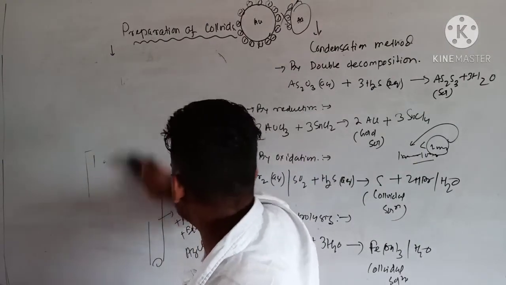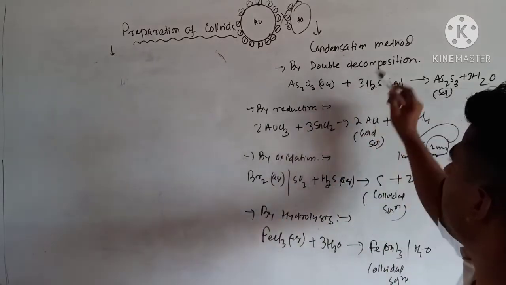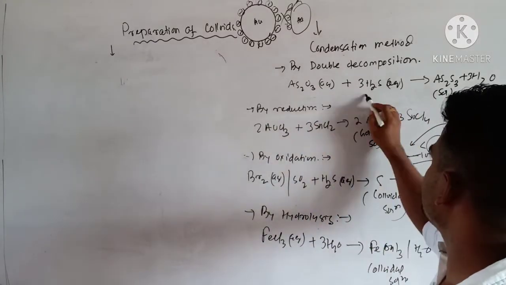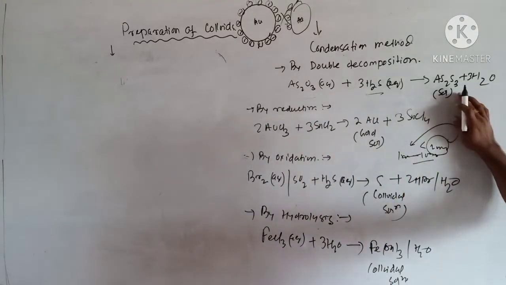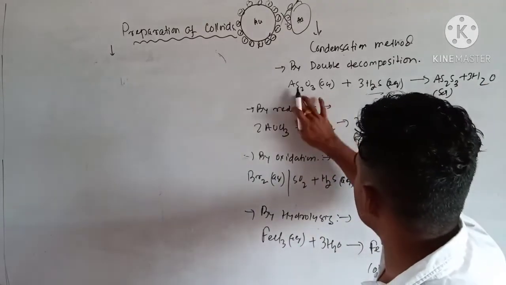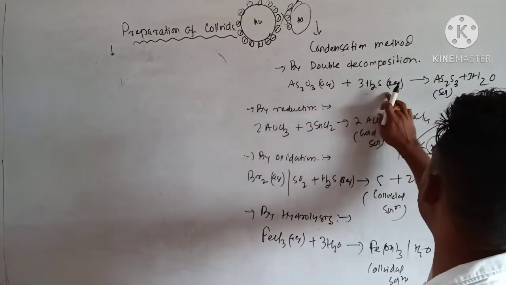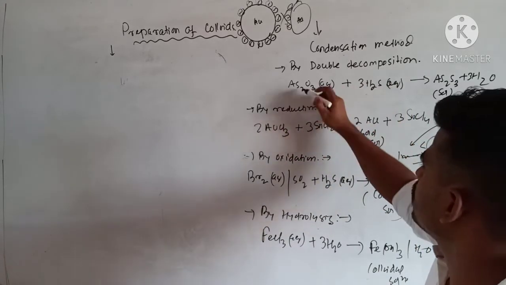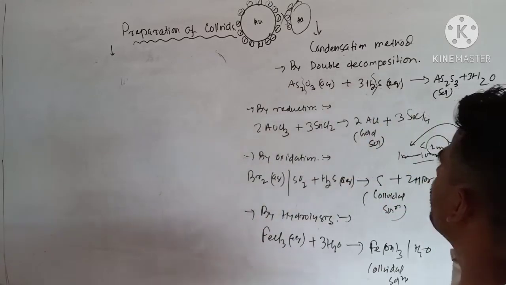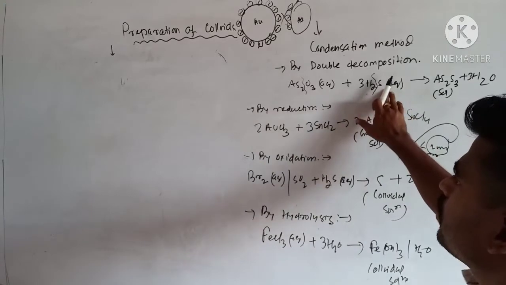Next, the chemical methods, which I have written already over here. That is double decomposition: As2O3 plus 3H2S gives As2S3, arsenic sulfide salt, plus 3 water. Here you see this compound decomposes and that compound decomposes; this S belongs to H2S. So this compound breaks, as a result you are getting the respective salt. So this is called double decomposition.